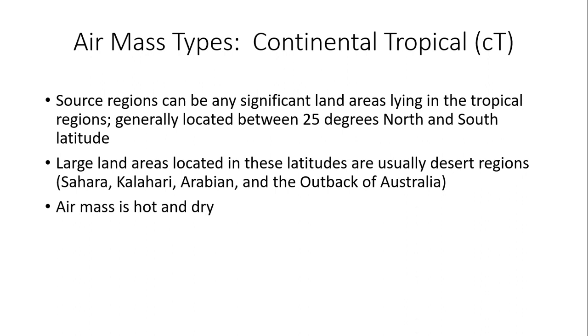Now there's large land areas located in these particular latitude belts, and these are usually desert regions, such as the Sahara, the Kalahari, the Arabian Desert, as well as in the southern hemisphere, the outback of Australia, that desert area. And again, with continental tropical air mass, it's hot and dry.